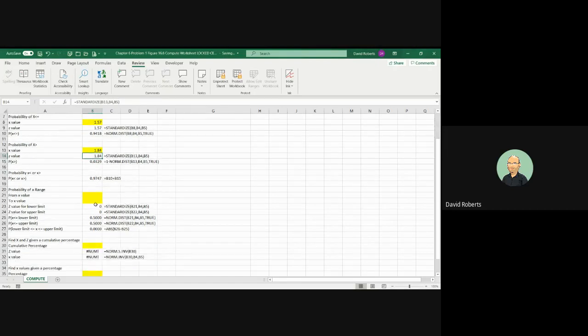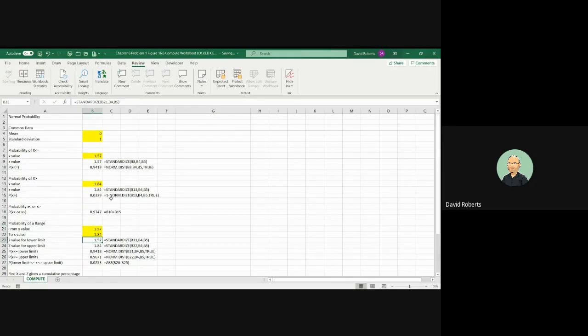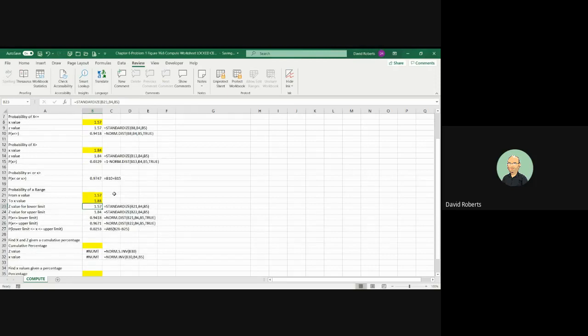And for the probability of a range, we go 1.57 to 1.84. As we're using the standard normal distribution with a mean of 0 and a standard deviation of 1, the z-score is the same as the x value, just to make sure you're clear on that.